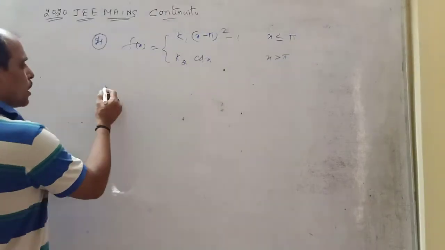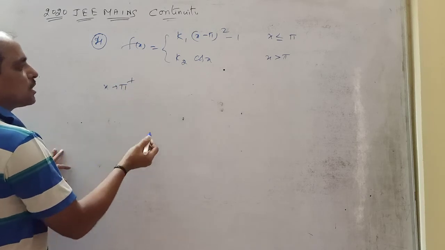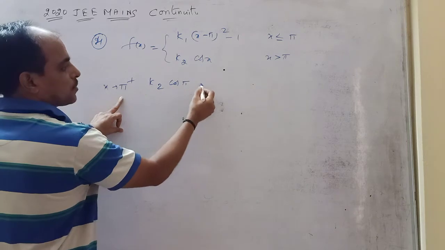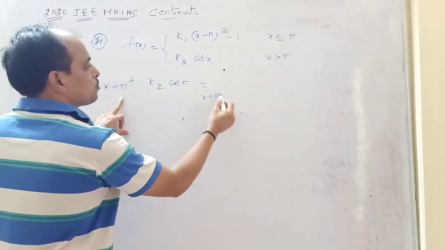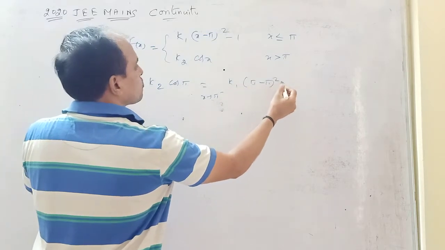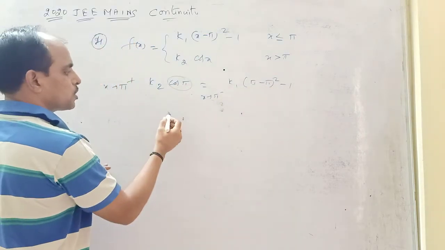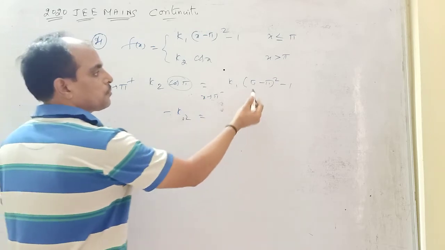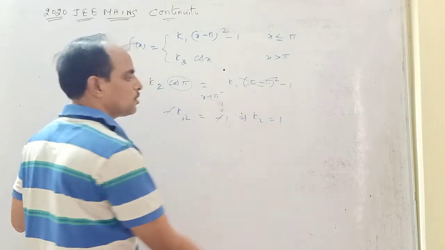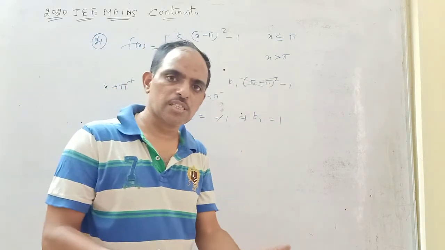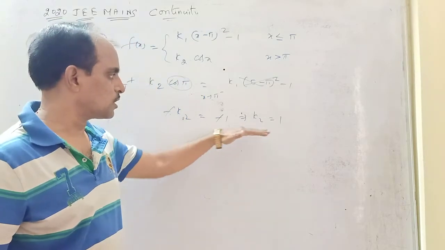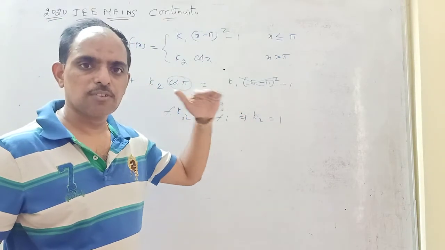Continuous means the pi plus value is equal to the pi minus value. Pi plus means k2 cos pi, is equal to x tends to pi minus. Pi minus means this is the value k1 of (pi minus pi) whole square minus 1. Cos pi means minus 1, so it is minus k2. It will be 0 minus 1. Now from this we have k2 is equal to 1. Whenever a function is differentiable, it must be continuous. So by using the continuity, we get the value of k2 is equal to 1.